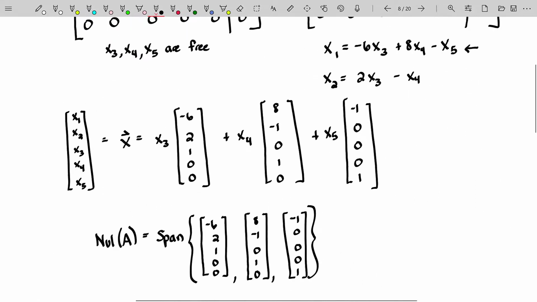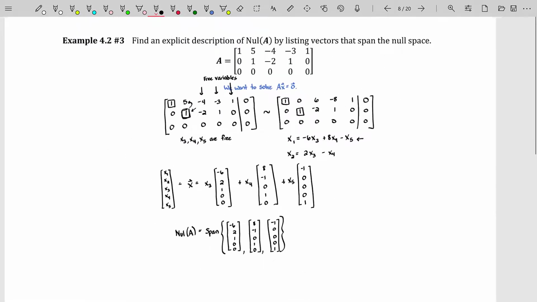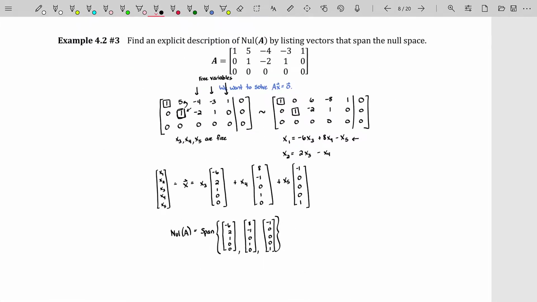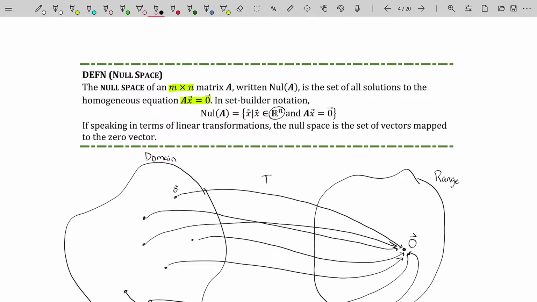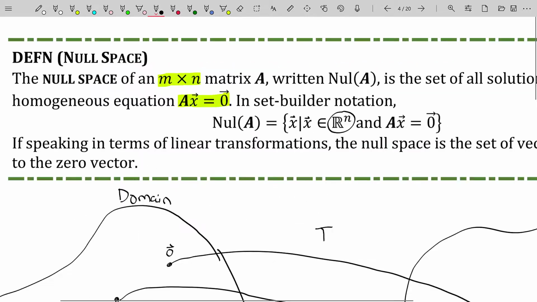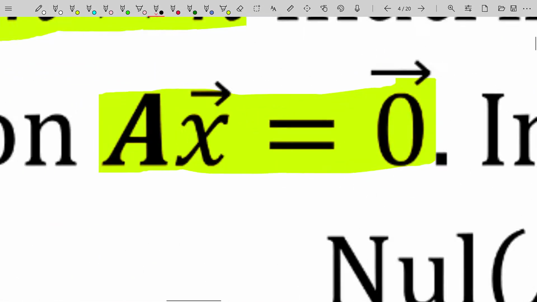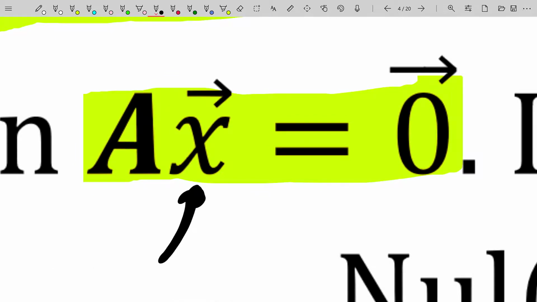And just to remind you of what we said in the previous video, it's pretty amazing that we've dealt with the homogeneous equation all this time and never really defined the set of solutions to the homogeneous equation. We would just call them the set of solutions to the homogeneous equation. But in reality, that set is called the null space, and that set is a subspace of Rn.